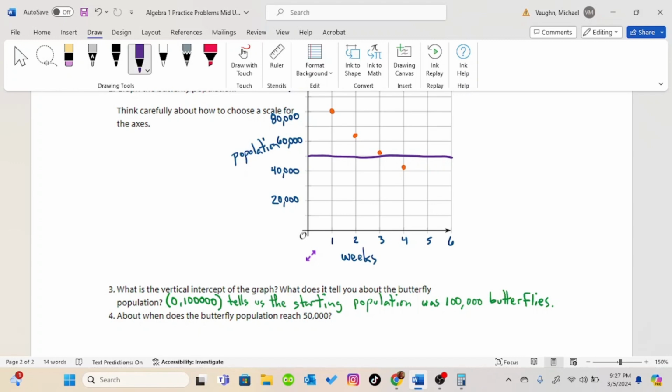But by week 4, we're way down here at 40,960. So the butterfly population reaches 50,000 just after 3 weeks.